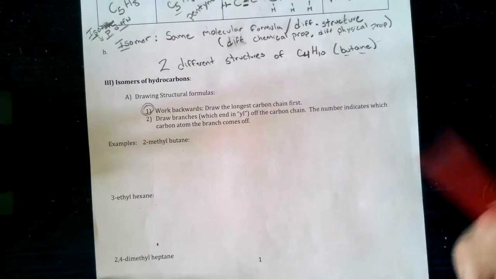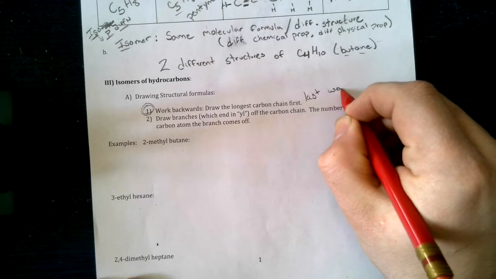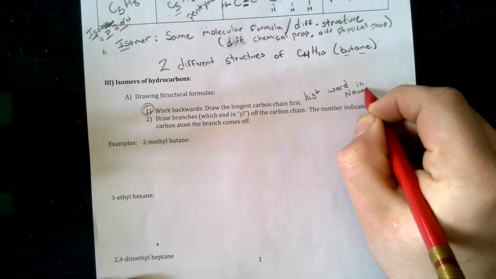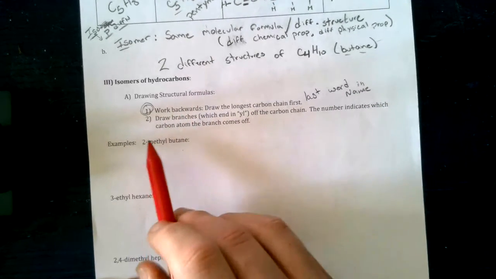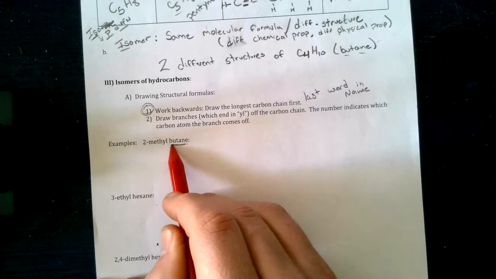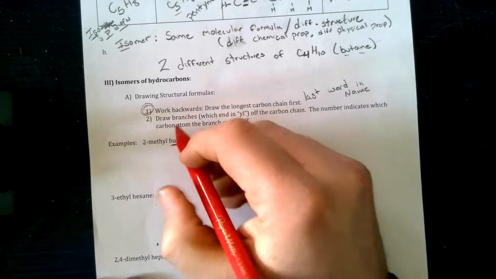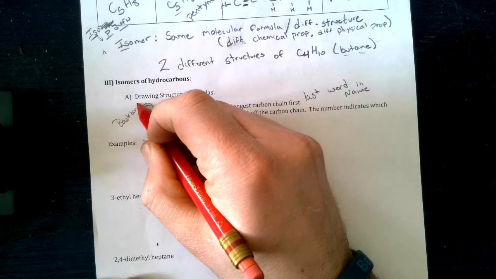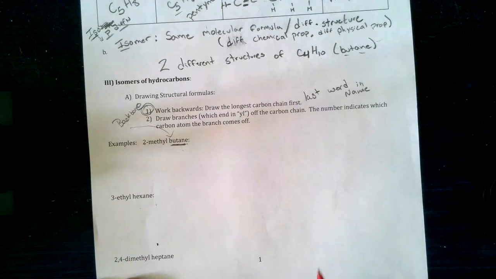Now, on the notes that I gave you, it says last word or something in the name that's given. What I really mean by this first step is if this thing is called 2-methylbutane, butane is the last word. This is the longest chain. This is what I like to also call the backbone. The backbone of the molecule is based all off of a butane molecule.